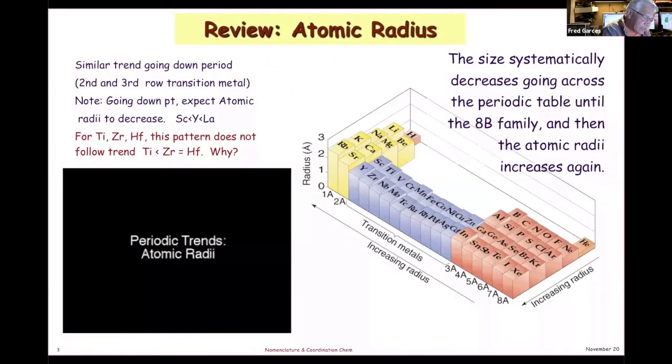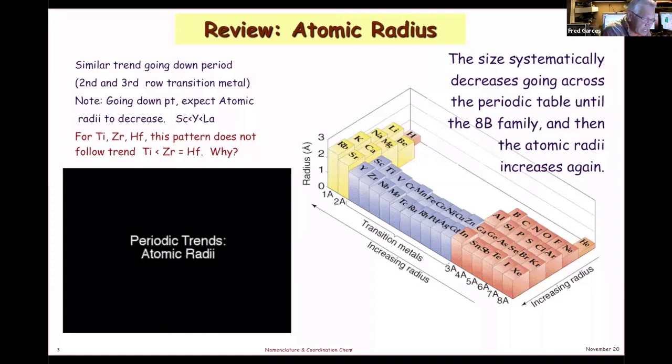Here is the periodic table, and it shows you their size. Why is their size important? Because remember, the bigger the atom, the further out the electrons are found, and the further out the valence electrons are found, the more easily they can be removed. They have lower ionization energy. And so you need to understand some of these periodic trends in terms of atomic radii.